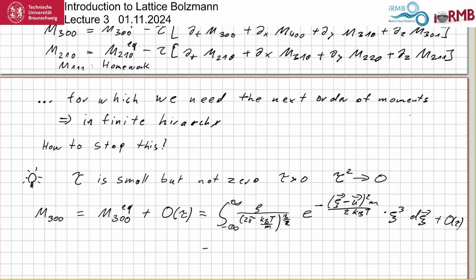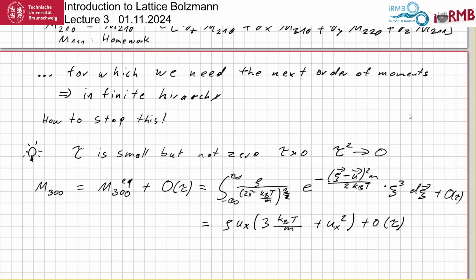If you do the integral, you'll end up with rho ux times 3 times Boltzmann constant times temperature divided by m plus ux square, plus order tau. And you can do similar things. We're running a little bit low in time, but we'll manage.